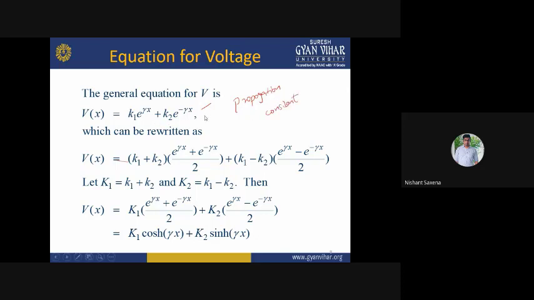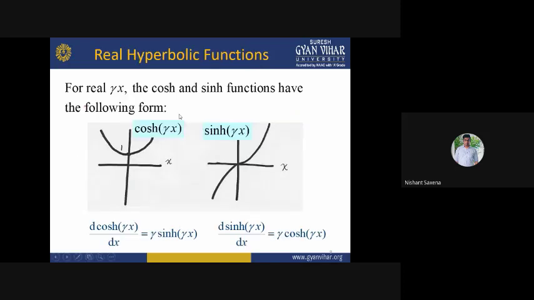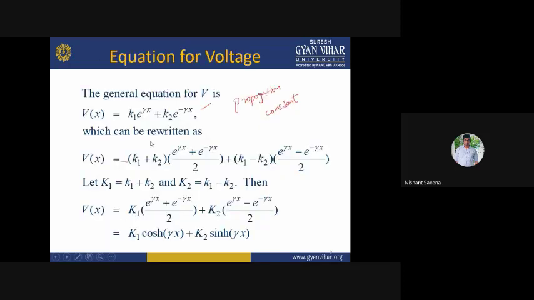This equation can be rewritten as V(x) equal to (K1 plus K2) into (e to the power gamma x plus e to the power minus gamma x) by 2, plus (K1 minus K2) into (e to the power gamma x minus e to the power minus gamma x) by 2. Now we write K1 plus K2 as capital K1 and K1 minus K2 as capital K2. Since these are two constants, these will also be constants.